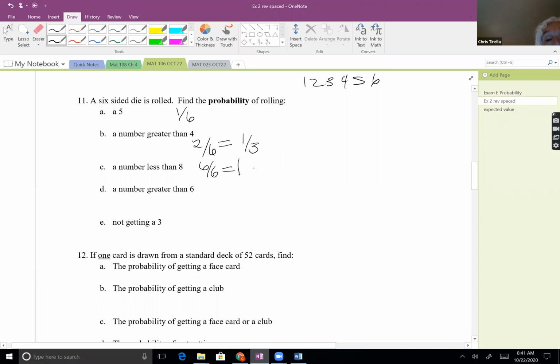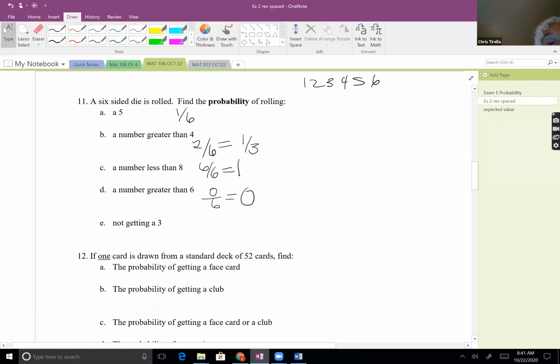And remember, if something must occur, its probability is 1. Number bigger than 6. How many of them? 0 out of 6, which is 0. If something's impossible, its probability is 0.